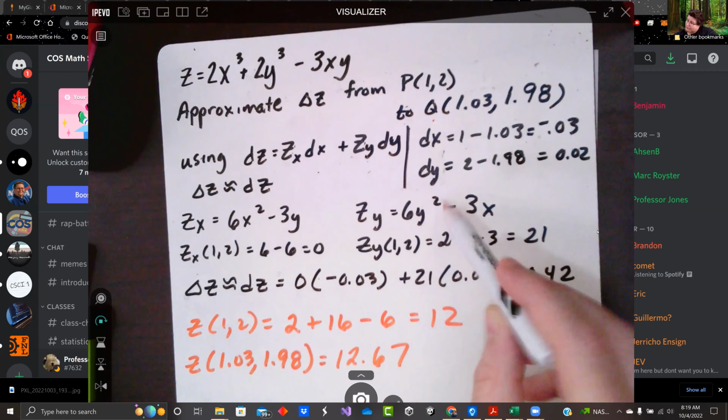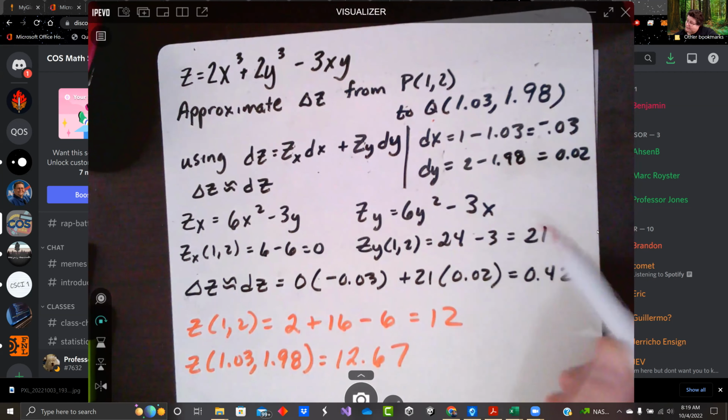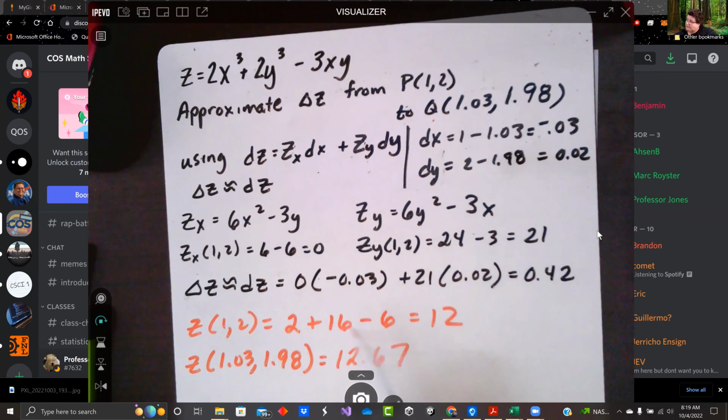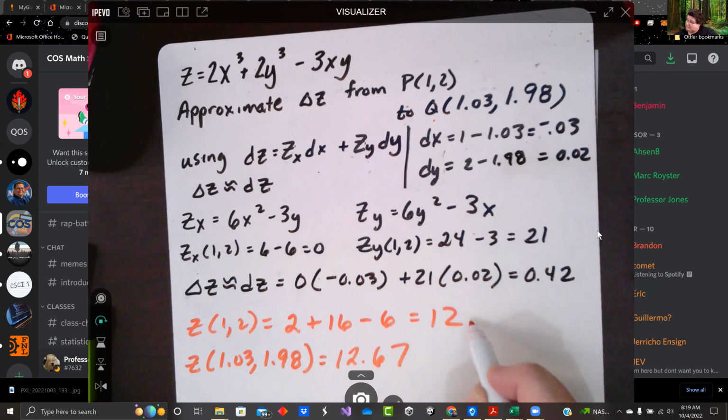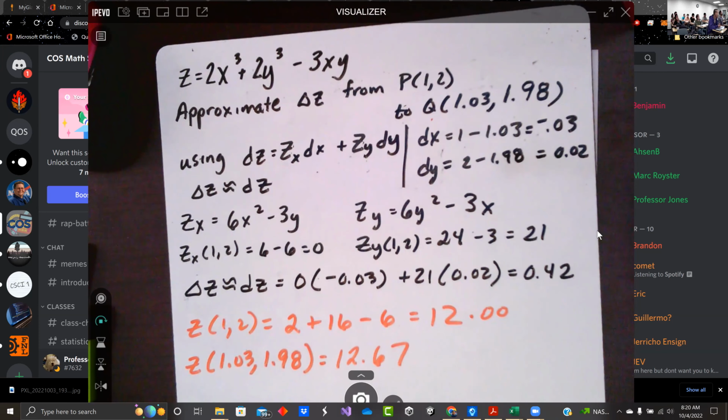X squared is 4. 24 minus 3 is 21. I think you got your actual value of Z wrong. I have what? The actual value of Z for 1.03, 1.98.